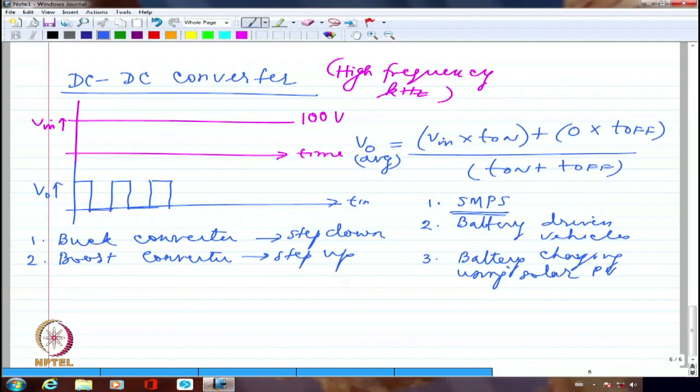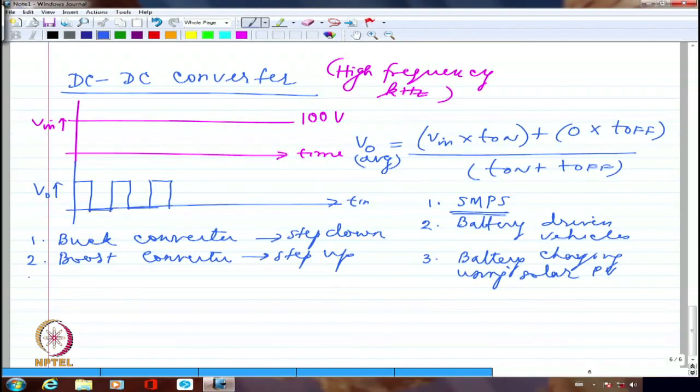So it is like creating a make-believe situation where the inductor's stored energy plus the voltage together will look as though the output voltage is increased. So a step-up converter invariably uses a large inductance to store the energy for some time and then release it whenever I want a higher voltage at the output. So this is the second type of converter we will be looking at.